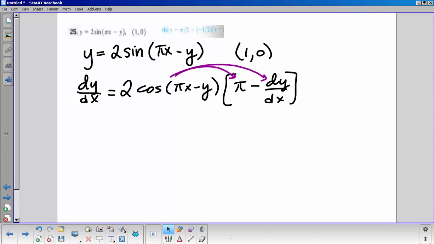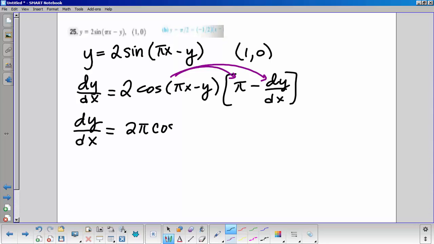So whenever you have something like this, you really need to distribute this. So what is this going to be? This is 2 cosine pi x minus y times pi. So this is going to be 2 pi cosine of pi x minus y minus what? 2 dy dx cosine of pi x minus y.